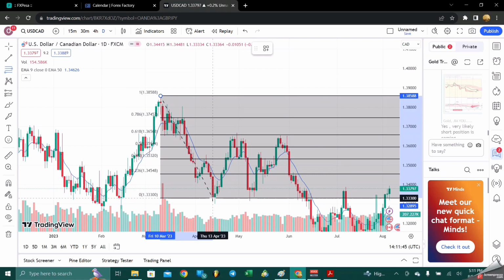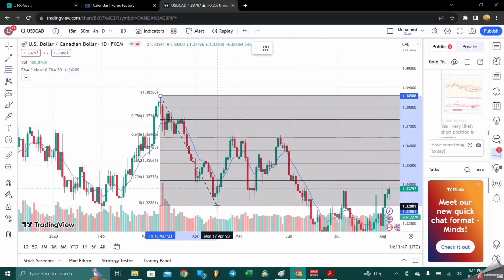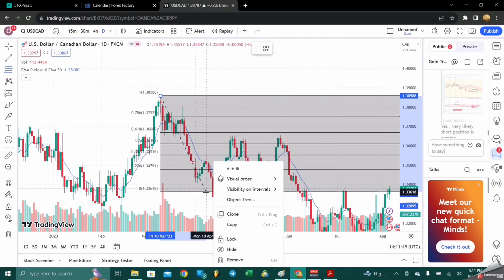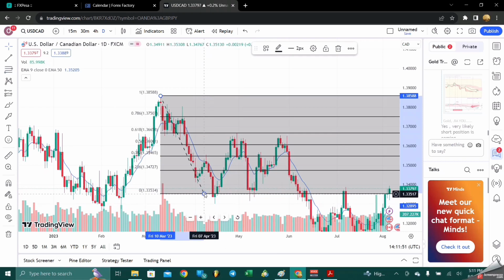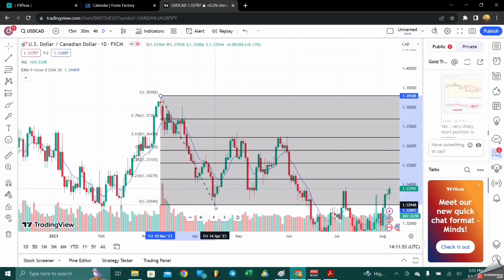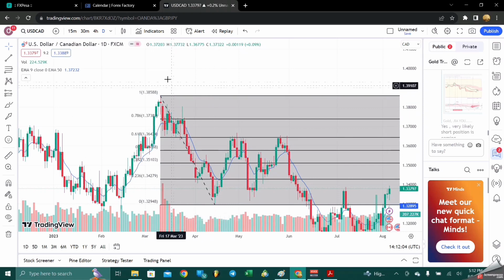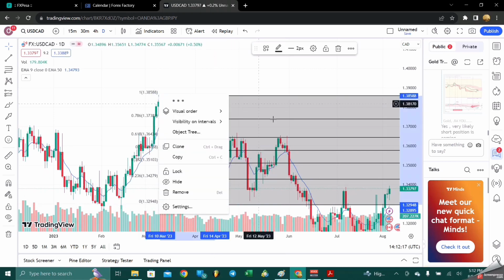Then you go to the lowest point the market reached that day. So we go to the highest point the market reached and the lowest point the market reached. That is how we plot it on downtrends. And the opposite applies to uptrends.